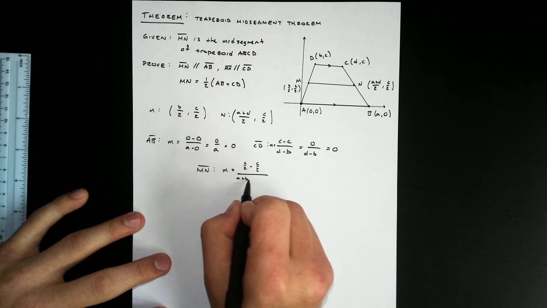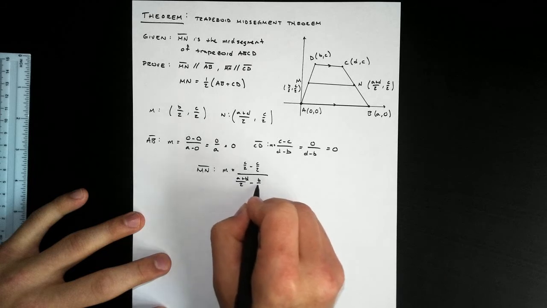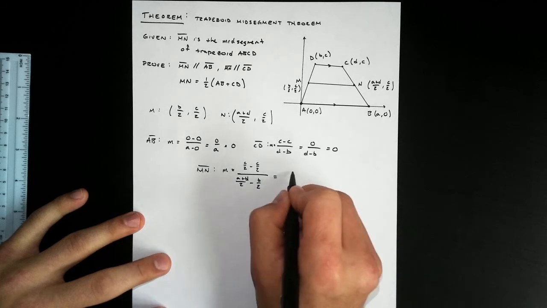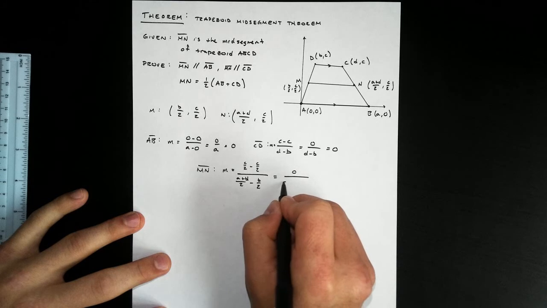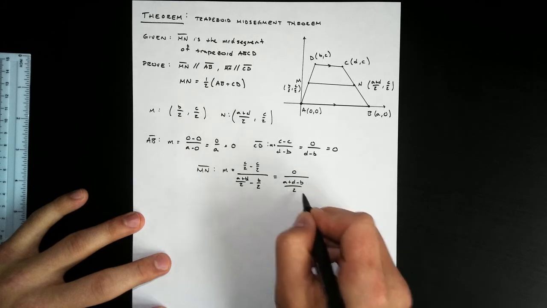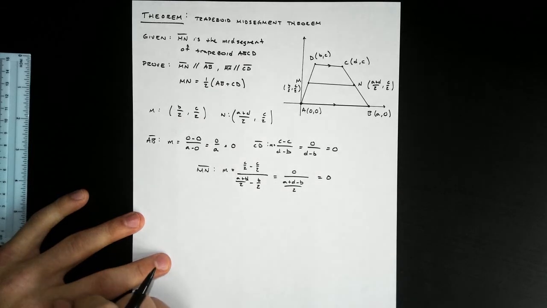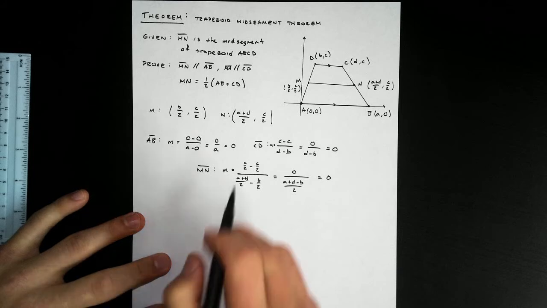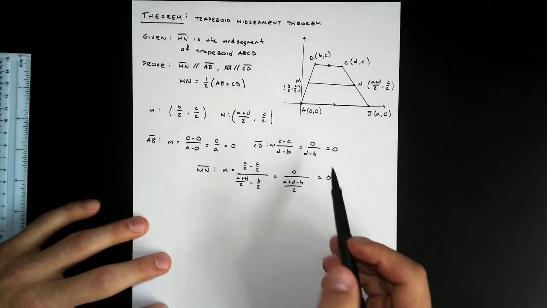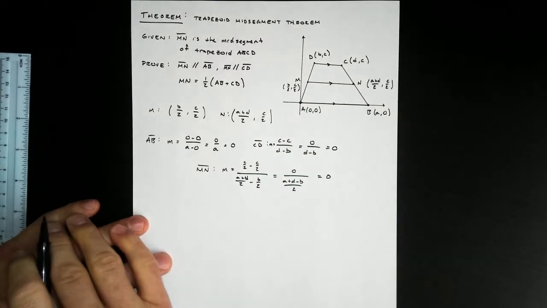A plus, that was supposed to be d over 2 minus b over 2. So that gives us 0 divided by a plus d minus b all over 2. And again, it doesn't matter what's in the denominator. That's still equal to 0. So all the slopes are 0. They're all parallel to each other. So this is also parallel.